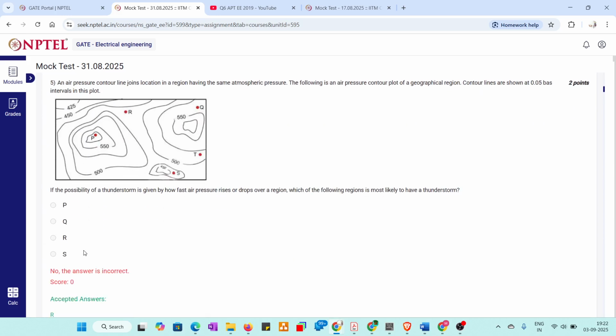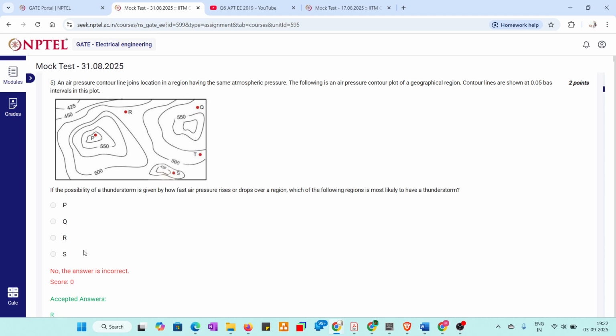So next question is about air pressure contour plots, joining locations in a region having the same atmospheric pressure. The following is the air pressure contour plot of a geographical region. Contour lines show 0.05 intervals in this plot. So the question is, if the possibility of thunderstorms is given by how fast air pressure drops over the region, which of the following regions mostly has thunderstorms?